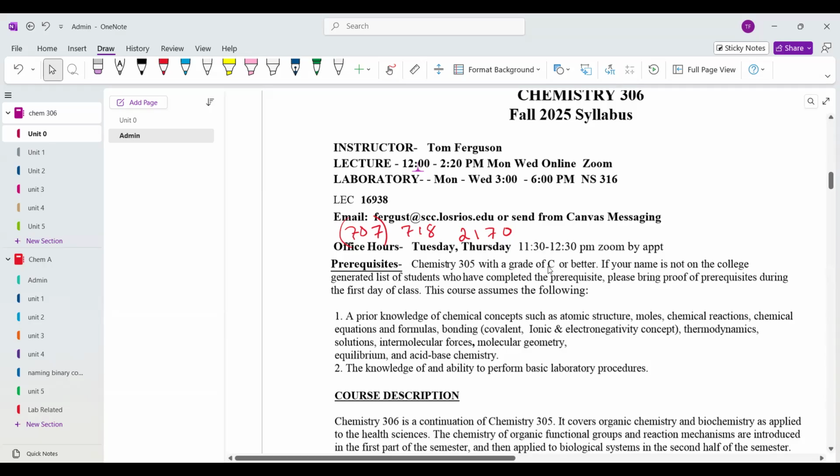The problem is C is usually too low for transfer, but you certainly won't get anything lower than a C. Now, if you miss tests and stuff like that, it's a totally different story. That's if you take all the tests, turn in your project, and do your labs. I give out C's.